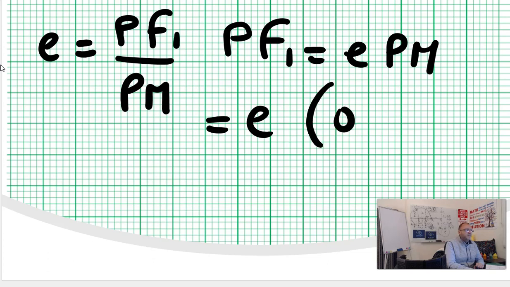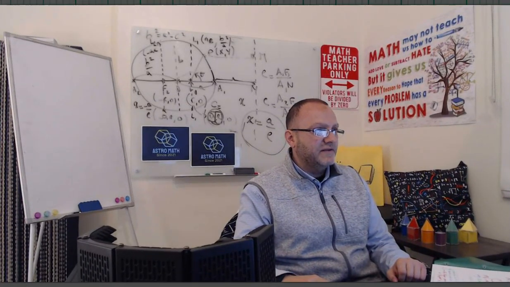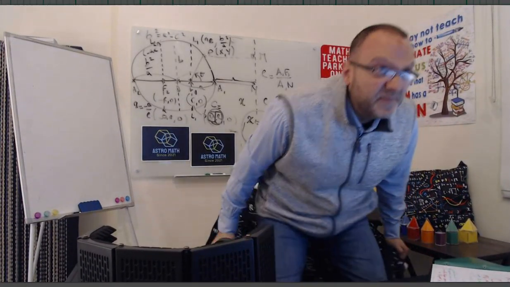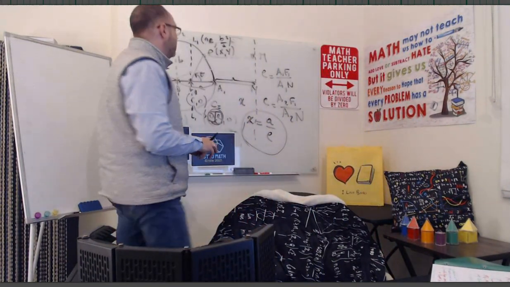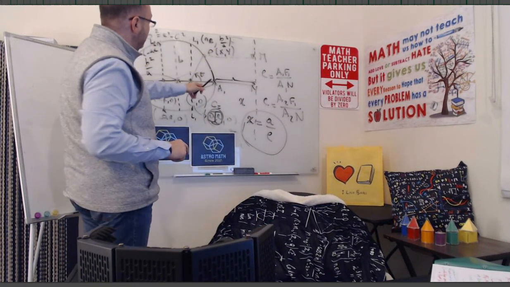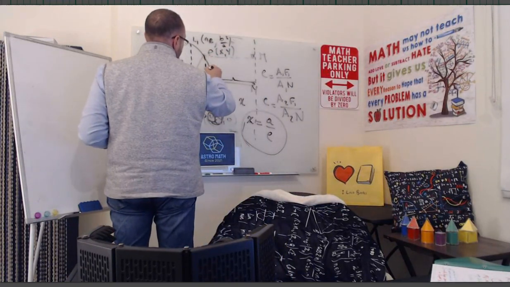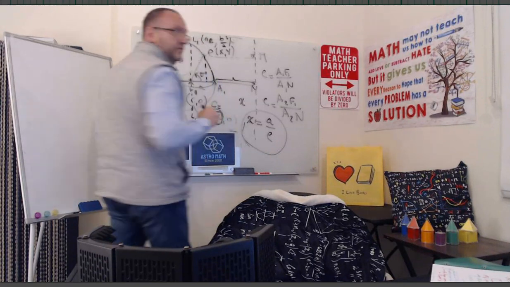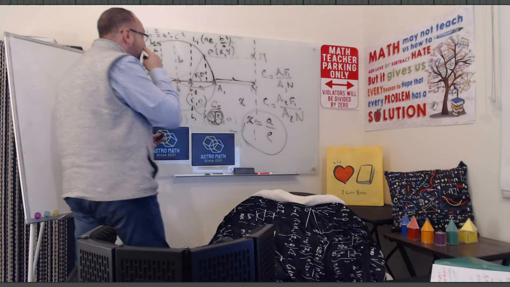Exactly. OM minus OP. Look at the board. You need to conceptualize it. So this PM is OM minus OP. PM, right here, is OM minus OP. What does that mean?